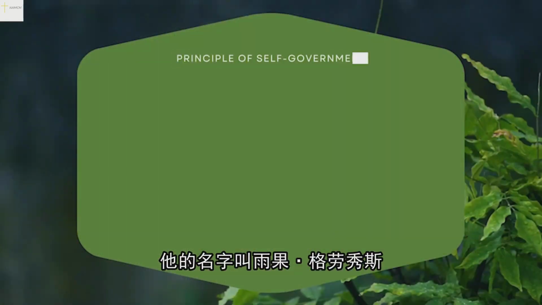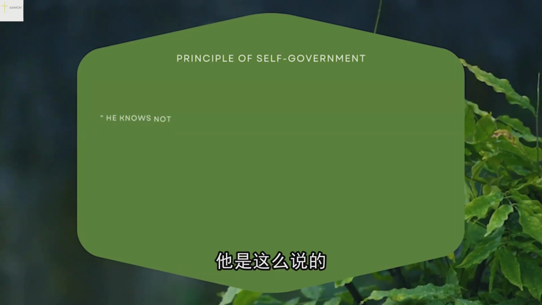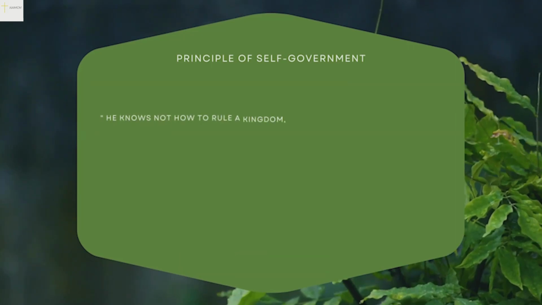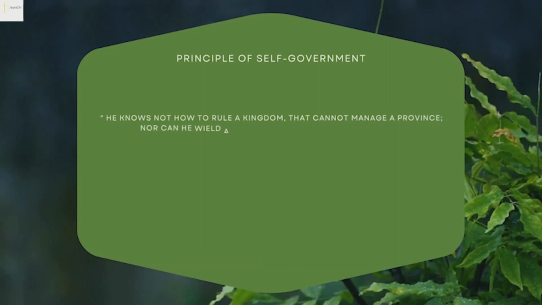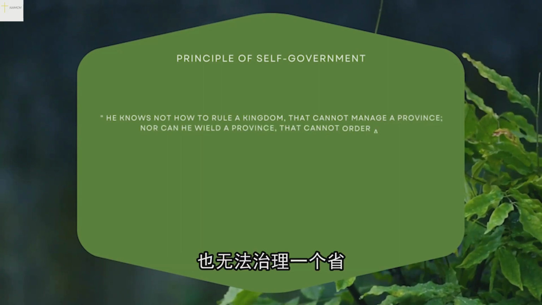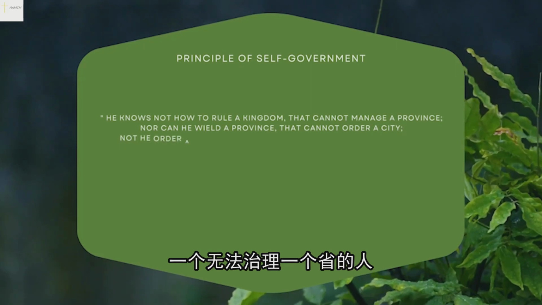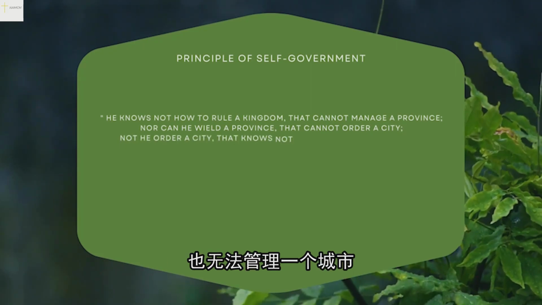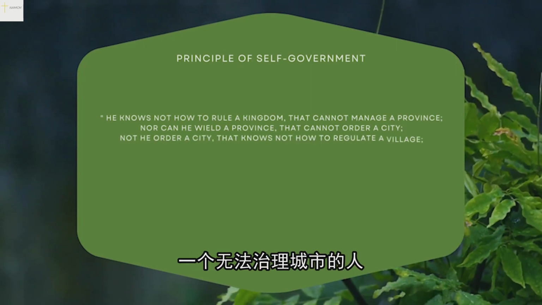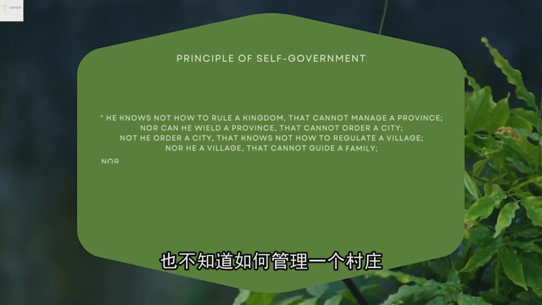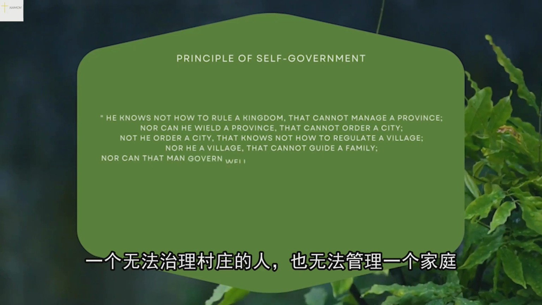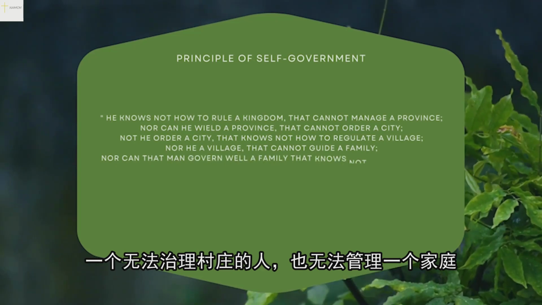His name, Hugo Grotius. And this is what he said. He knows not how to rule a kingdom that cannot manage a province, nor can he wield a province that cannot order a city, nor can he order a city that knows not how to regulate a village, nor a village that cannot guide a family.